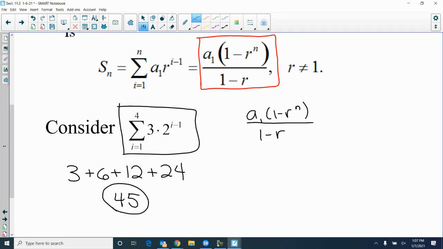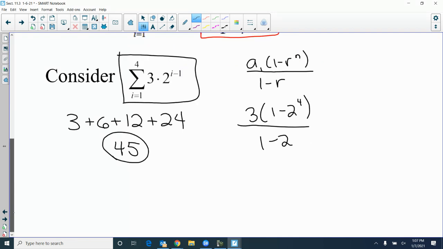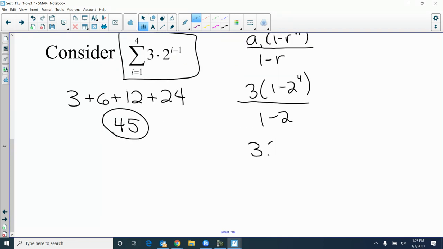First term is 3. 1 minus 2 to the 4th power, because that's my n, over 1 minus 2. What's 1 minus 2 to the 4th power? Negative 15 over negative 1. Negative 45 over negative 1 is 45. So using that formula will arrive at that same value as writing everything out.